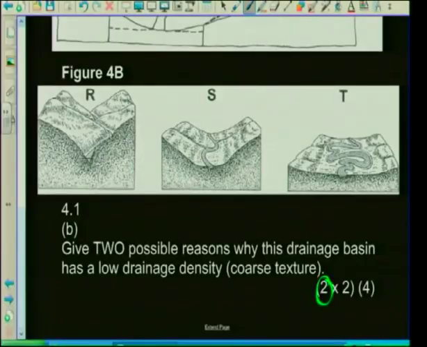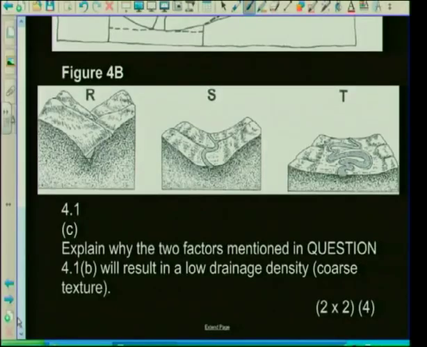Some other ideas might be that it's flowing over permeable rock. If you've got permeable rock, it allows the water to infiltrate, once again creating less runoff. So you will see, grade 12, that there are a variety of different answers that you can give. They were specifically looking for 2, so any of those that I mentioned would be good enough.